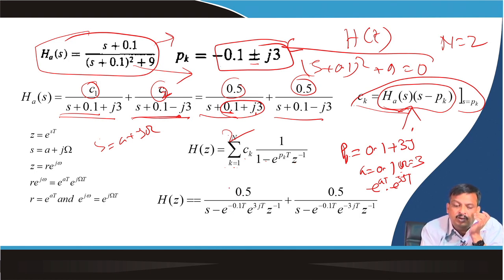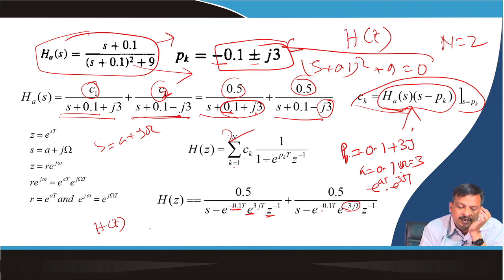So, it is nothing but e to the power at. Why is it minus? Because A is minus 0.1, so e to the power minus 0.1 t and e to the power 3jt into z to the power minus 1, and another pole is the conjugate, only this one is minus. Now, I get the H(z).